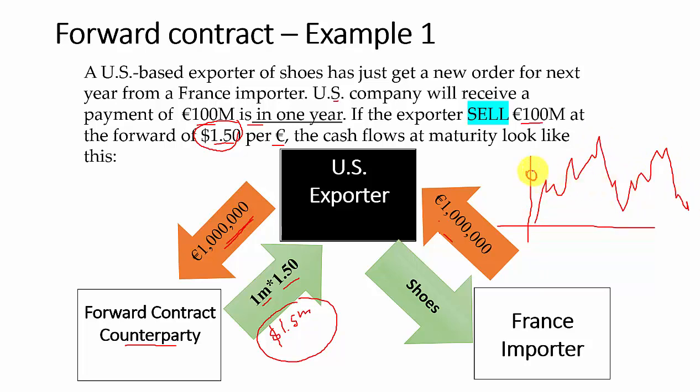However, once you have the forward contract in place, no matter what happens to the value of the euro in the foreign exchange market, the rate the US exporter receives is locked at $1.5 per euro, and the total amount of US dollars it receives will be locked at 1.5 million US dollars. Okay? So it eliminates all kinds of uncertainty or volatility.